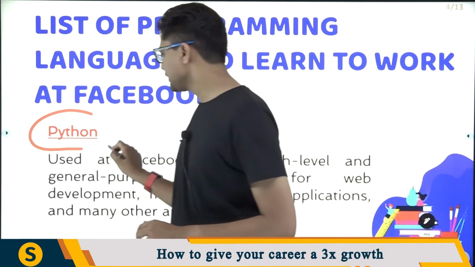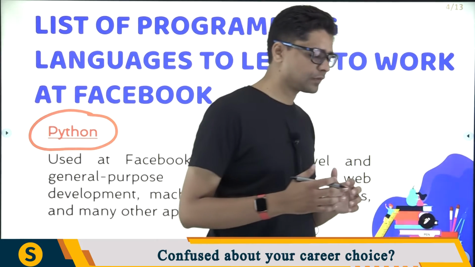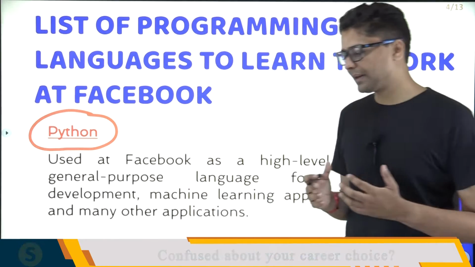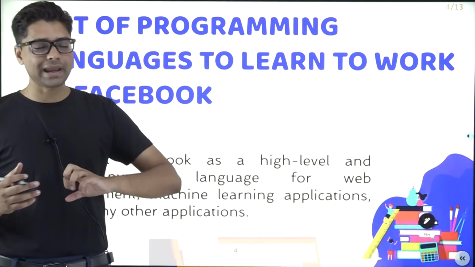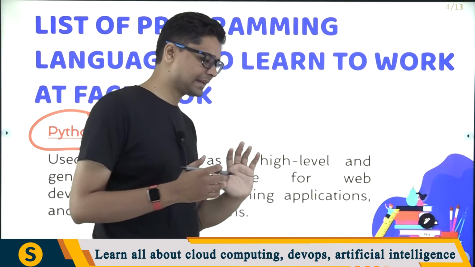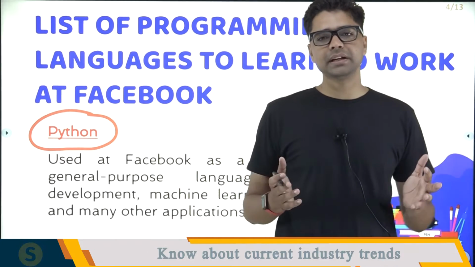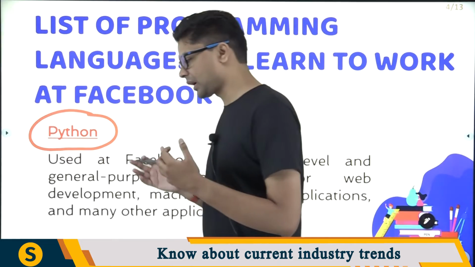Now if you are not new to this channel, you must have heard about Python many times from me. Python is quite an interesting programming language. Since I don't work at Facebook, I cannot simply say that this is the exact work they are doing, because these are hidden facts of the company. A company is never going to reveal what they do with which programming language.